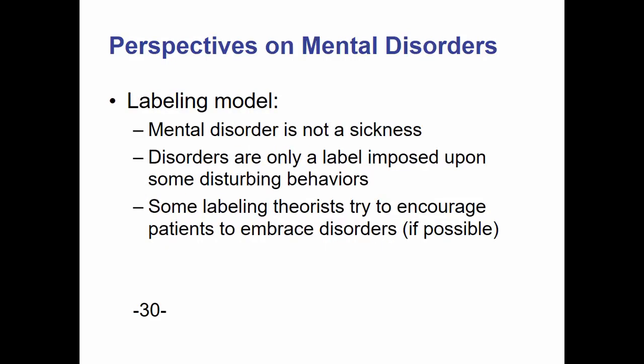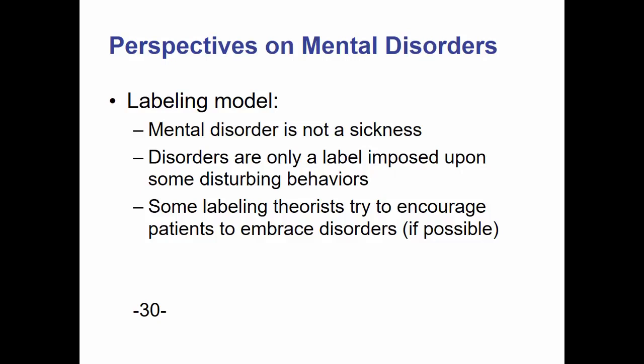And finally, the labeling model. And this is the model favored by sociologists, not necessarily because we think it's the most true, which we do think it's true, but because this is the thing that sociologists study. The labeling model views mental disorders not necessarily as a sickness, but as a way of being different.